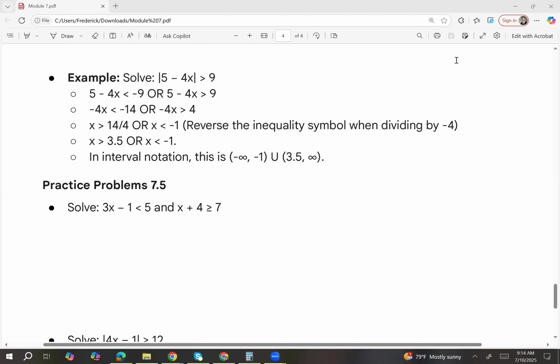We write one as is, and then the other with the negative of the number on the right-hand side or on the other side. So notice here in what's expressed in the write-up of this example that this one is just writing it as is. Since it's greater than, that's why we're using the or interpretation.